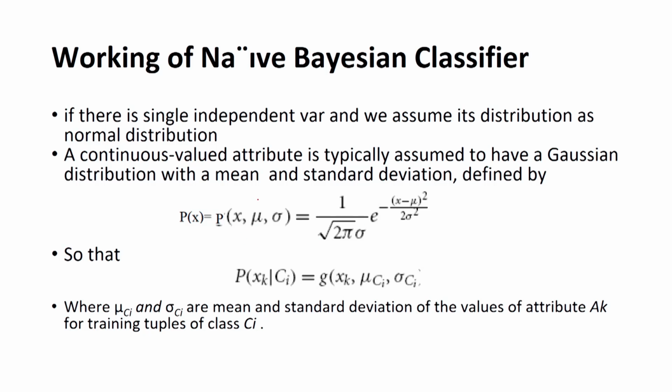Then we must have the mean and variance of that normal distribution, and we can find the probability of xk given Ci by putting the value of xk here, since we know mu and sigma for that feature. So we can find probability of xk given Ci if that feature is continuous.